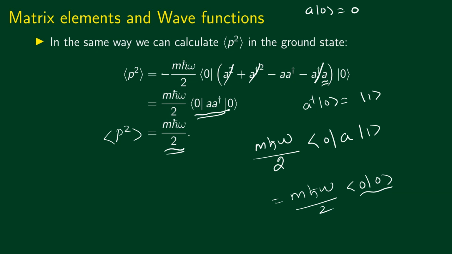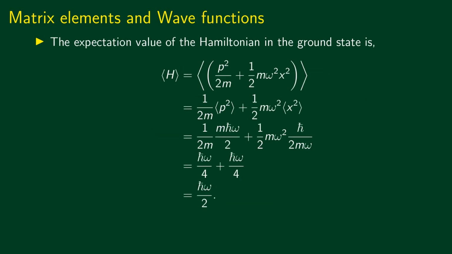Okay, let's now calculate the expectation value of the Hamiltonian in the ground state. And the Hamiltonian is p square divided by 2m plus half mω² x². This is the kinetic energy operator and this is the potential energy operator. So the expectation value in the ground state is written as the expectation value of the kinetic energy operator in the ground state plus the expectation value of the potential energy operator in the ground state. Okay, the 1 by 2m can be pulled out, so we have 1 divided by 2m expectation value of p square plus half mω² expectation value of x square.